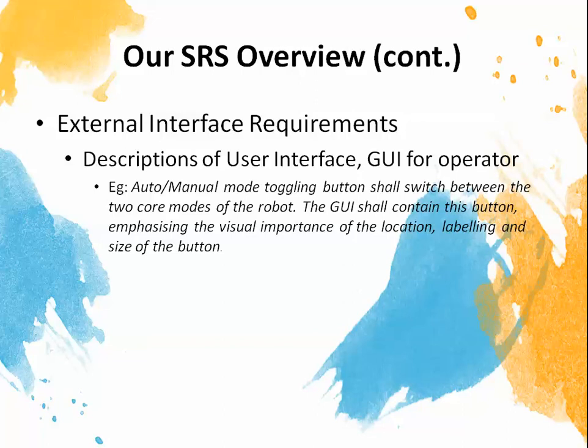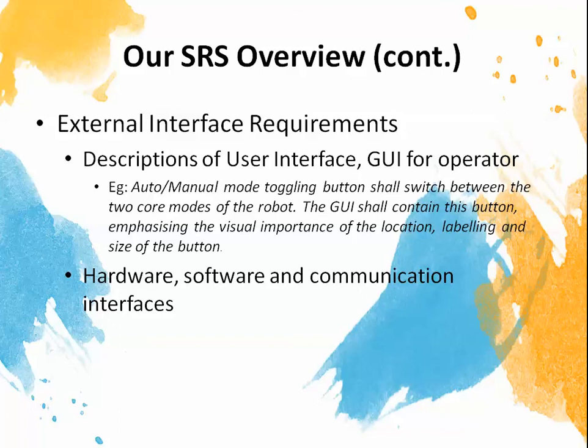This is an example which we have written in the SRS itself, explaining what that particular button is supposed to do. So these are the kinds of things that will be explained in the user interface section under the external interface requirements. And also we have hardware, software, and communication interfaces, which are described in this section.